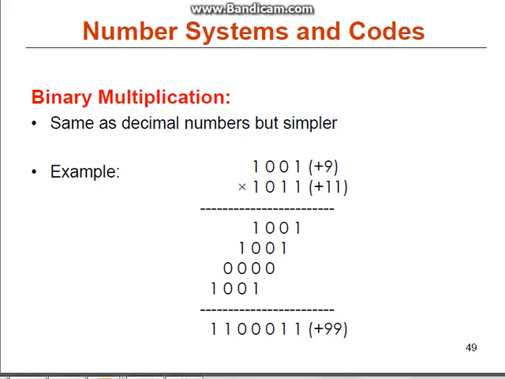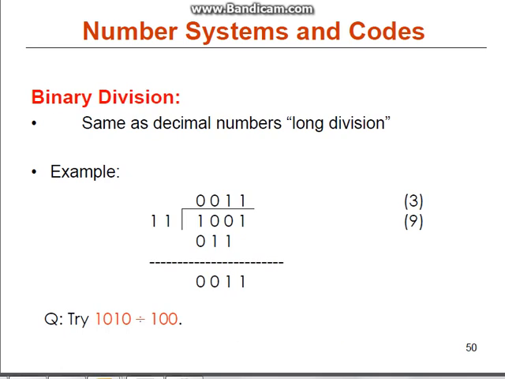For addition, multiplication and all that, it's the same way as how you do your normal numbers. I'm not going to go through it with you. The same goes for binary division, as you see here. So this is 0, then what do you get? This is a rather simplified version already, so you can always give it a try.